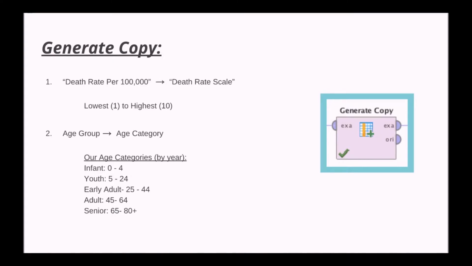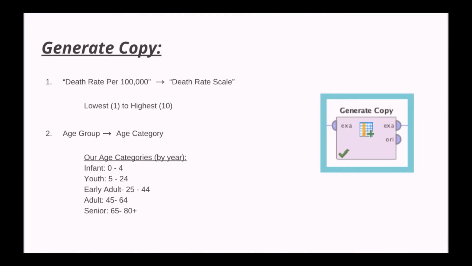We also wanted to keep the death rate itself, the raw number. So we generated a copy of this, which we will use and explore later when we talk about our discretization process and operators.